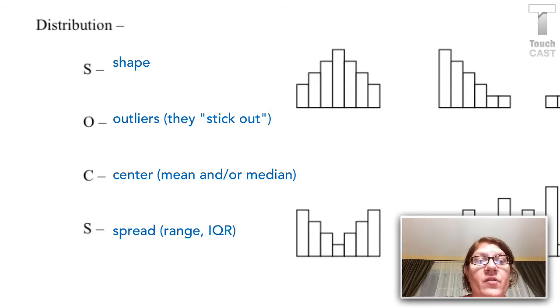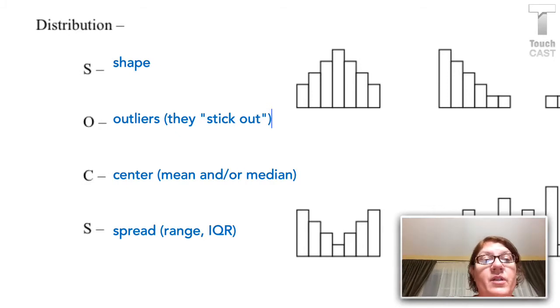And some things that you want to talk about when it says describe the distribution, you can use the acronym SOCS to help you remember, and this is what it stands for. So S is for shape, O is for outliers, hint, those definitely stick out. C is for center, and we can talk about mean and or median to represent center, since they both do fall towards the center.